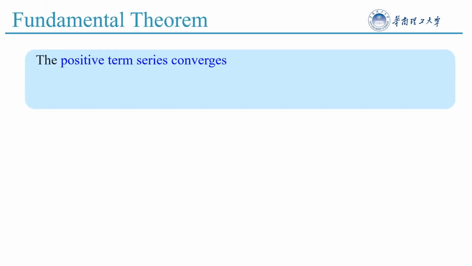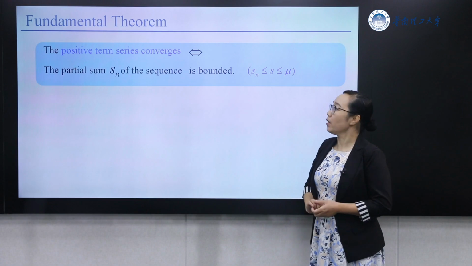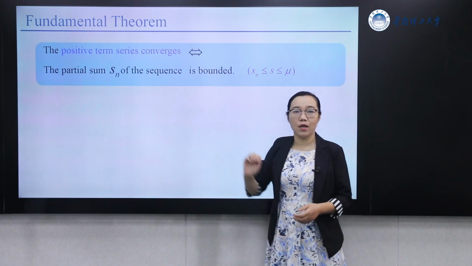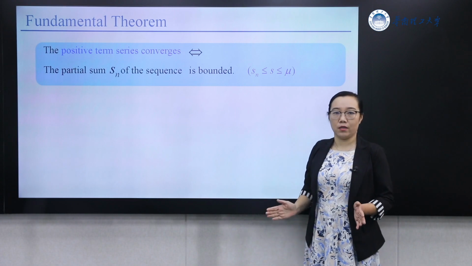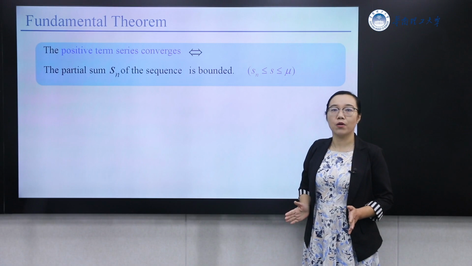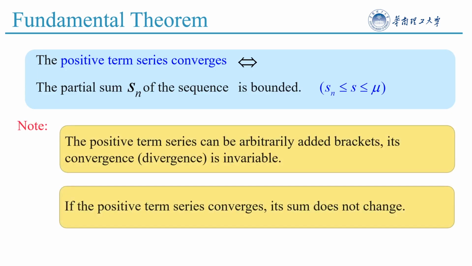Next, let's study the fundamental theorem. The positive term series converges if and only if the partial sum Sn is bounded, which means Sn has an upper bound. Pay attention to the following facts.